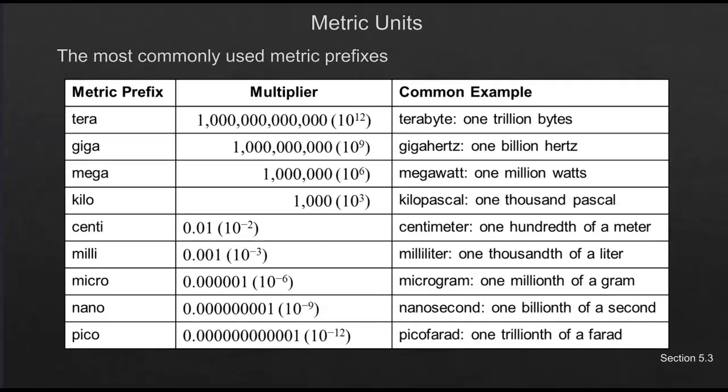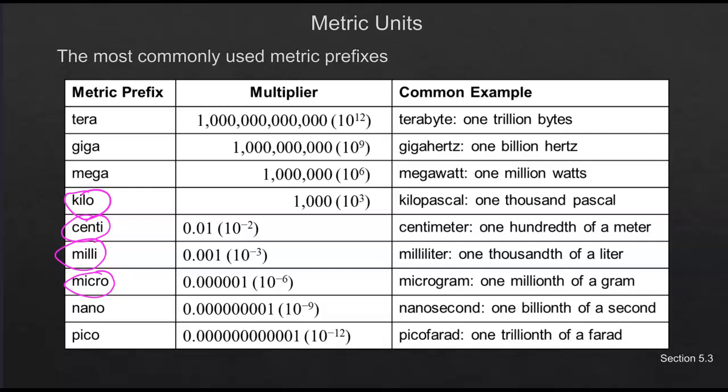Here's a chart that just gives you an idea about some of the things metric. I know that a lot of you are familiar with some of these like kilo, centi, milli, even micro possibly, because we've heard of things like kilograms or kilometer, centimeters, millimeters, milliliter, and those kind of things.